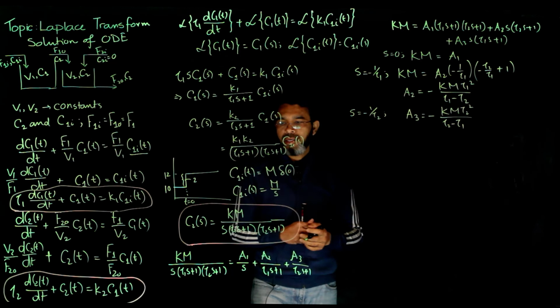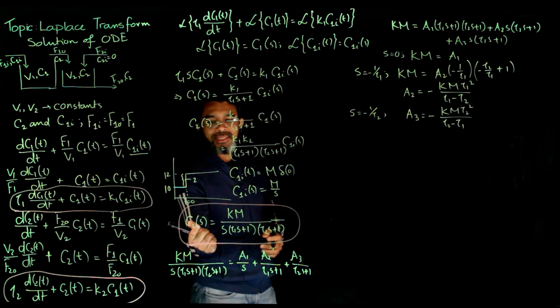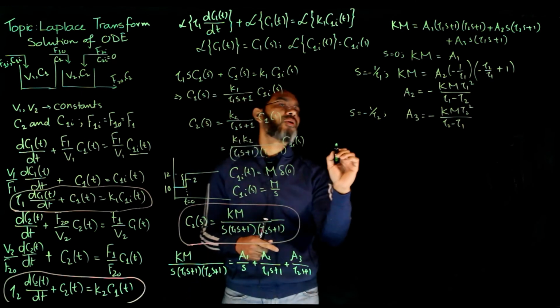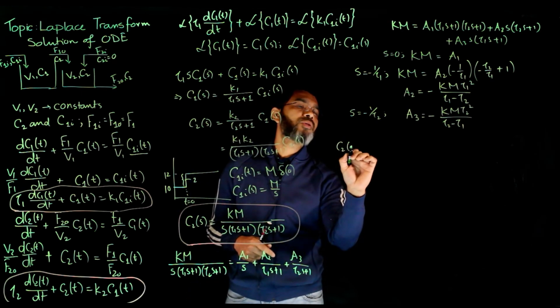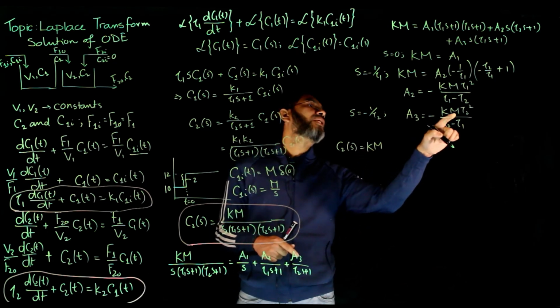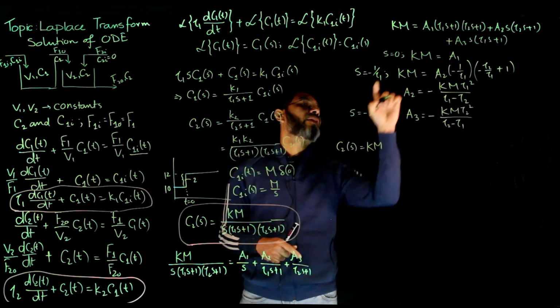Okay. So now from this we get that C2(s) equals the summation of these three terms. So we'll end up getting C2(s) equals Km, all these terms have Km in them.